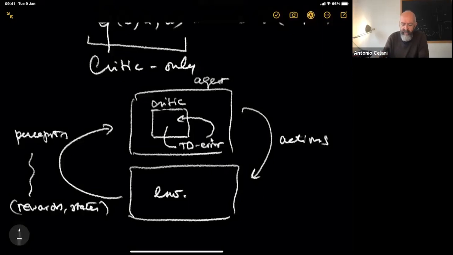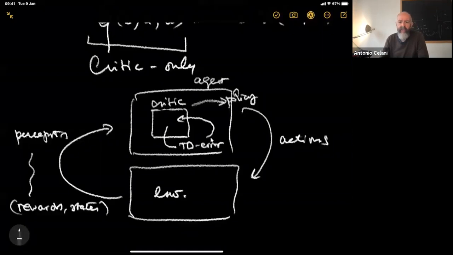Only after that does the critic produce a policy, which is then turned into actions and so on. So everything circles around this notion of the critic, which is the essential update rule for Qs in all the algorithms that we're discussing, like SARSA, semi-gradient SARSA, expected SARSA, Q learning. It doesn't matter if they are on policy or off policy, they all belong to this class of critic-only algorithms.